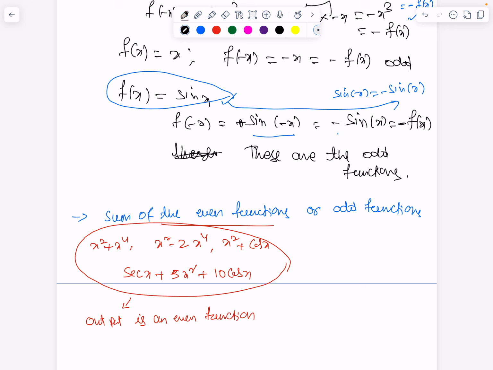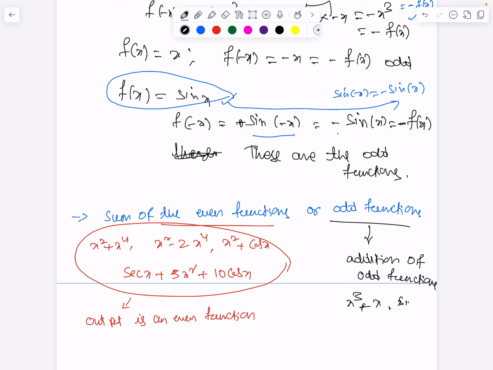Similarly, look at the addition of odd functions. The addition of odd functions is again odd. If you add x cube plus x, these two are odd functions, therefore the output is again an odd function.